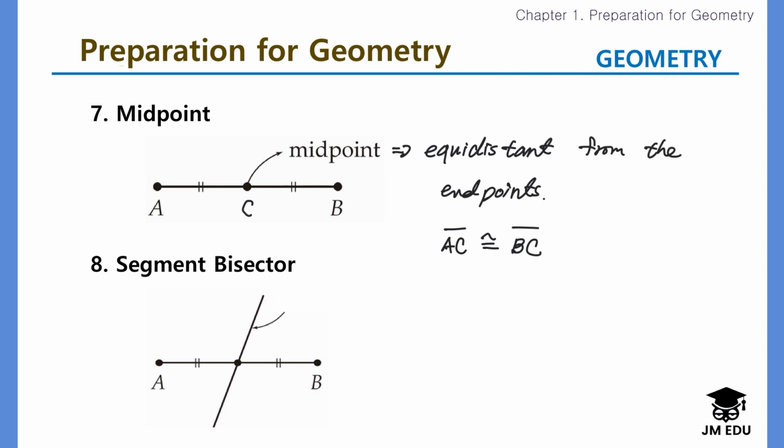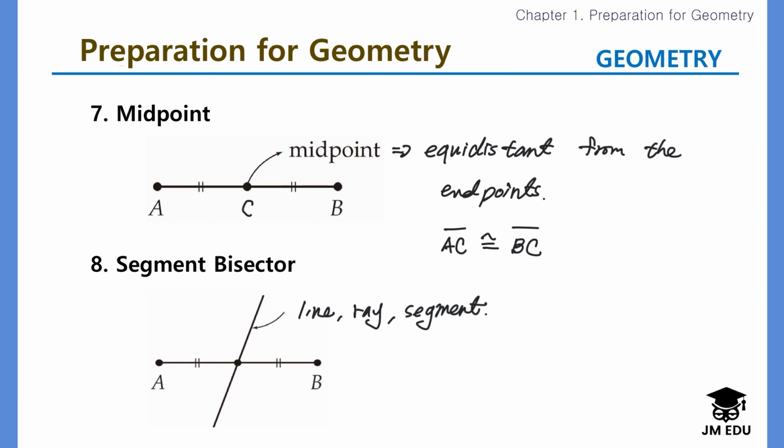Number 8, segment bisector. Segment bisector is a line, ray, or line segment that cuts another segment into two equal parts. So this segment bisector could be a line, or ray, or line segment, right?